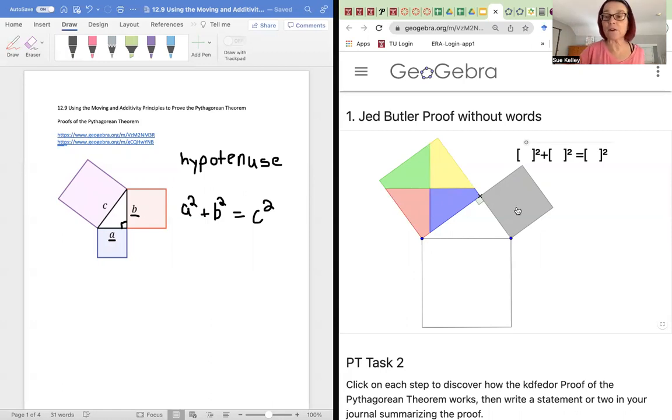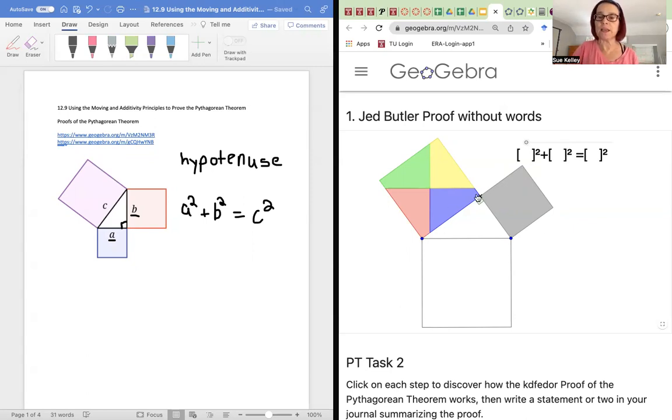So A squared is going to be the area of this square, A squared. A is the side length here. And so the side length of a square is the same. So when we're finding the area of a square, we just do A times A, which is A squared.